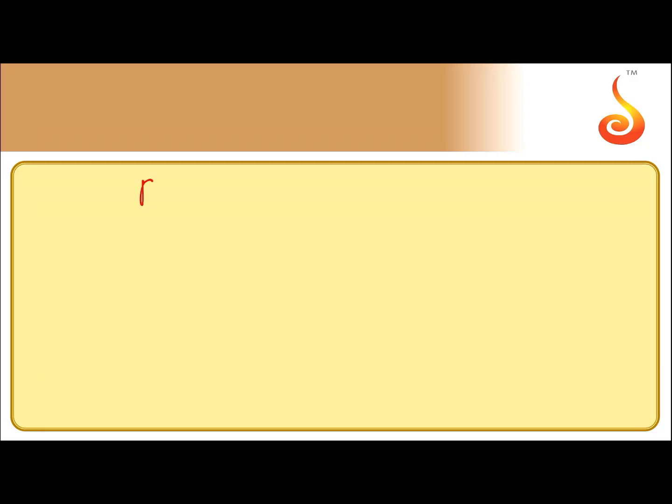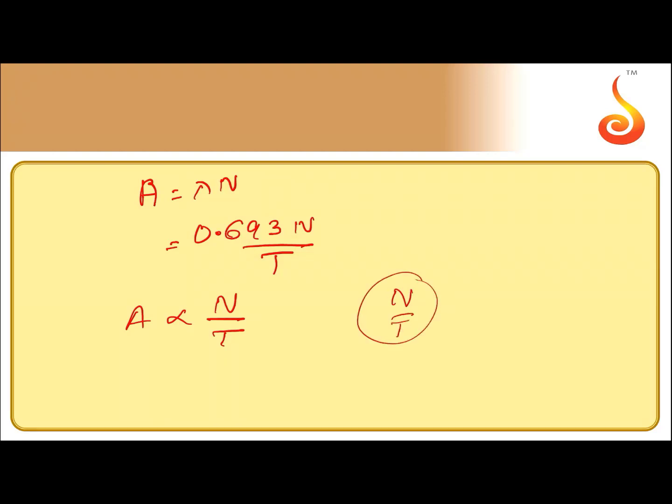So, radioactivity is given by lambda n. That's nothing but 0.693 n divided by T. That means the activity is directly proportional to n and inversely proportional to half-life. So now if you look at the value of n by T for various containers, which has the highest value?